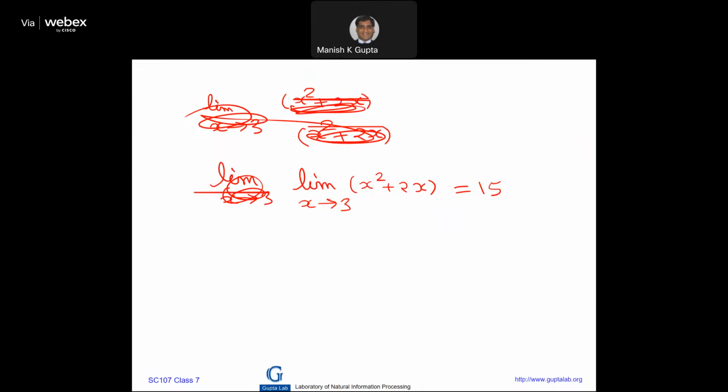Anyway, now I have to show this limit. A is 3 and L is 15.